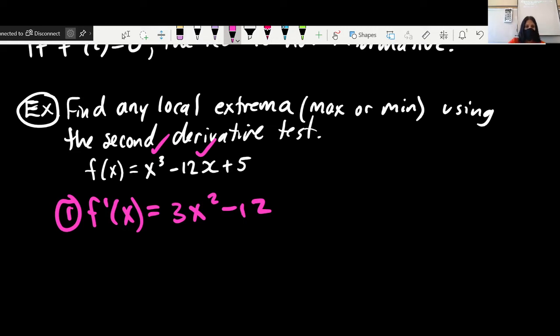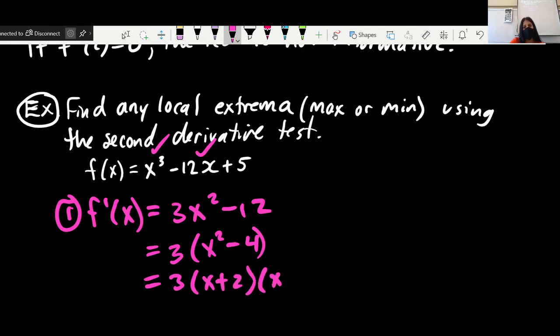And then, if we take a look at this, you notice that we can actually factor out the 3. So we'd be left with x squared minus 4. And then I could actually take it a step further and say x plus 2, x minus 2, because we recognize that this is actually a difference of squares. Right?